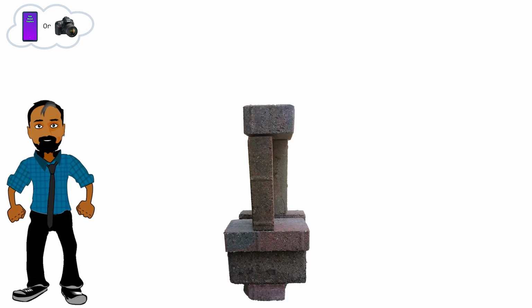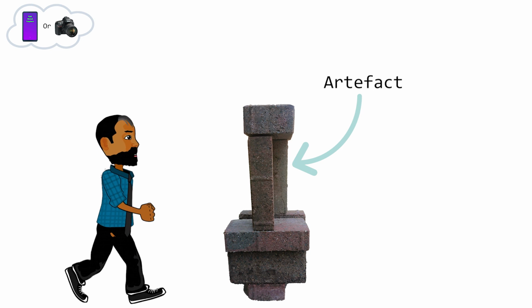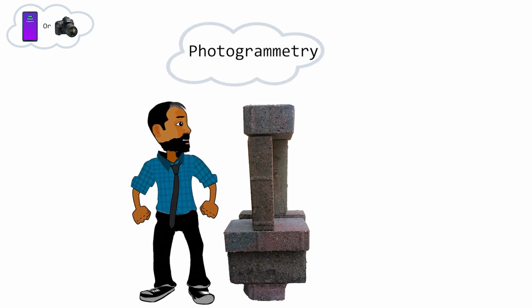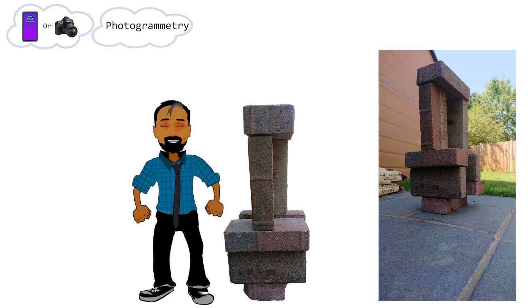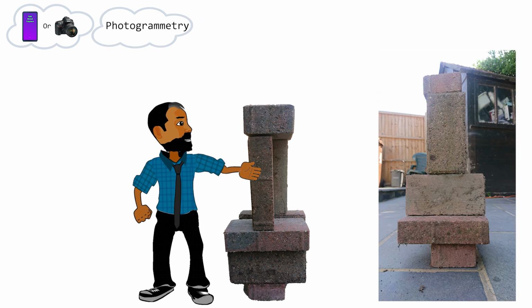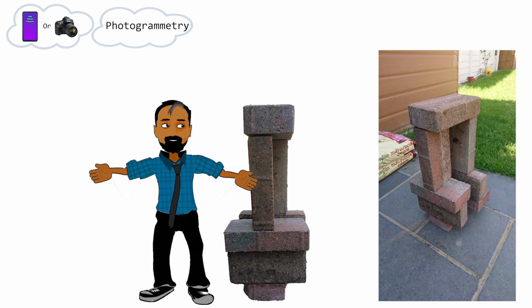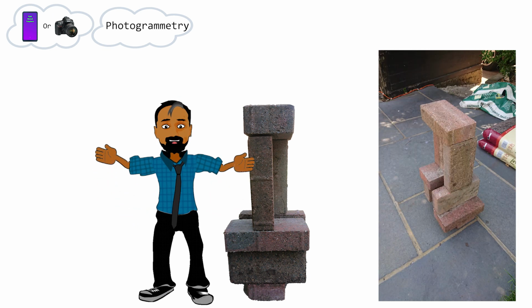So, to achieve a mesh form for an artifact capture, let's say, the methodology is called photogrammetry. It is a simple process of taking a number of photographs around the artifact to collate all angles visible through the lens, both horizontally and vertically.